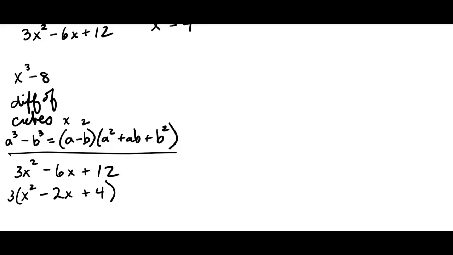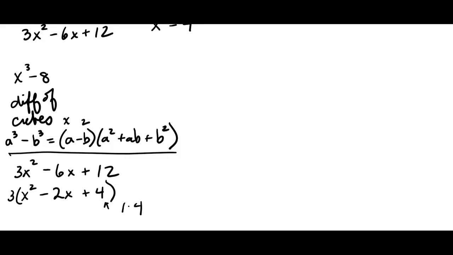Now, is that going to factor? No, I don't think it's going to factor. I can't think of two numbers that multiply to be 4 and add to be -2. So I'm kind of surprised, to be honest. It could have been 1 times 4, but they both have to be negative, and that's not going to be a -2.